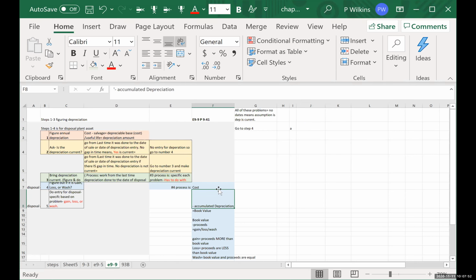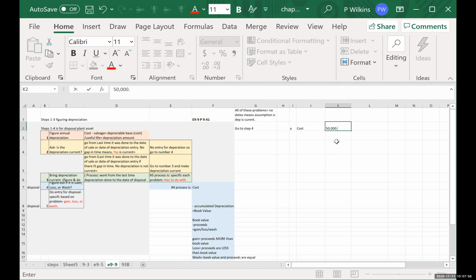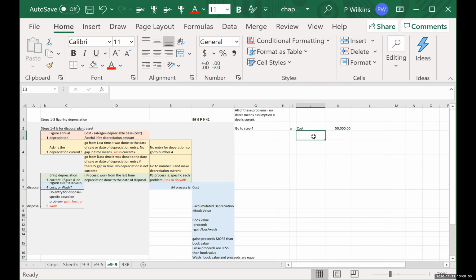Okay. So we have the cost. In this case, our cost is $50,000. The accumulated depreciation in A, what do they tell us in the problem? The asset has been depreciated $24,000. So less accumulated depreciation, $24,000.